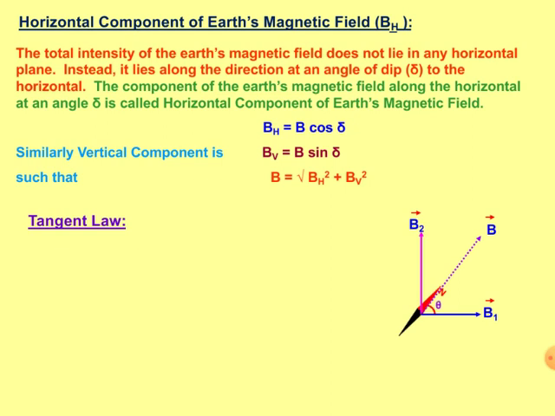Your compass needle points in a particular direction, and the direction of the north pole is nothing but the resultant of B1 and B2. Let me show you again.